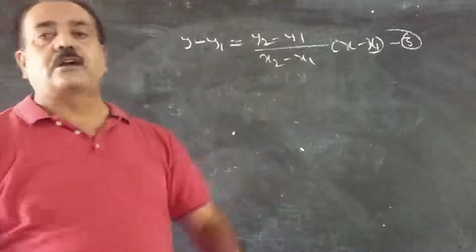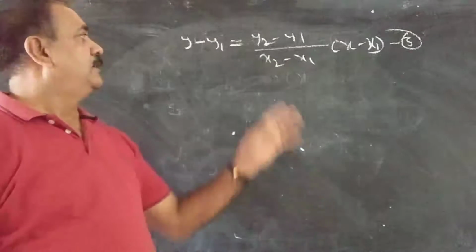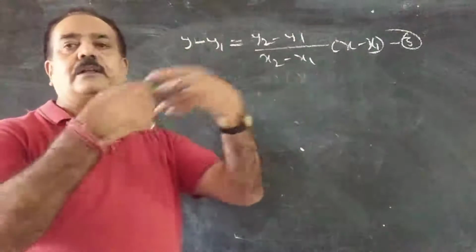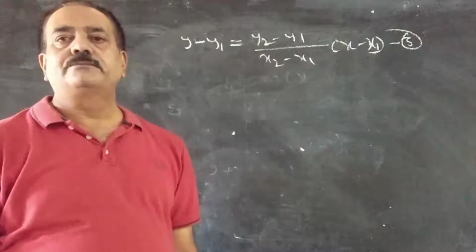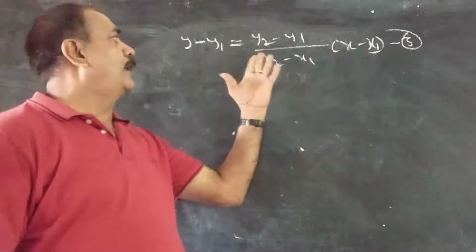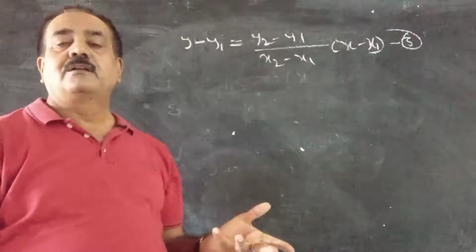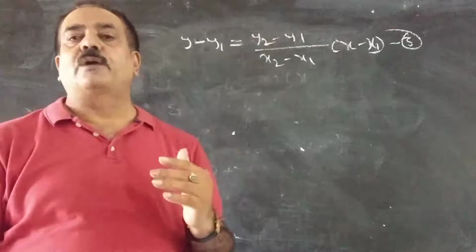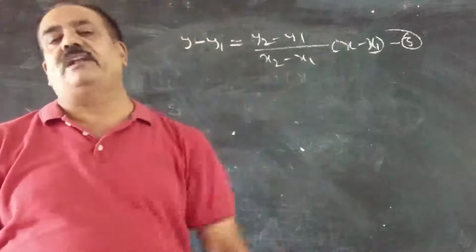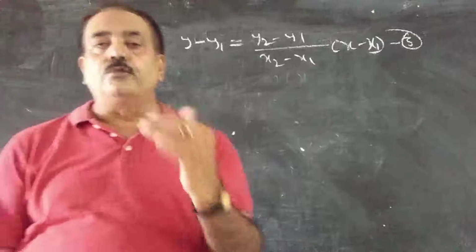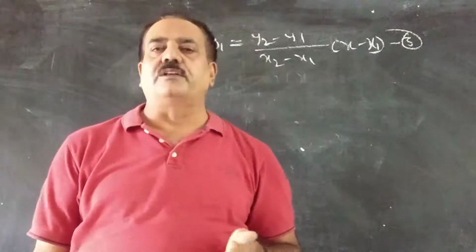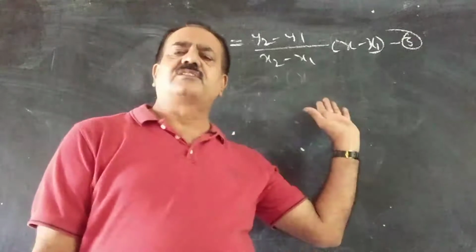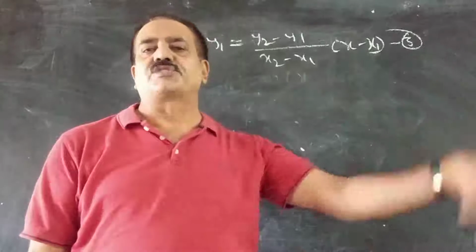When we use this third form, x and y will be there in each and every equation of a straight line. Then what is x1, y1 and x2, y2? x1, y1 and x2, y2 are the 2 points or 2 coordinates. When 2 points or 2 coordinates are given, we can use this form directly to find the equation of the line.